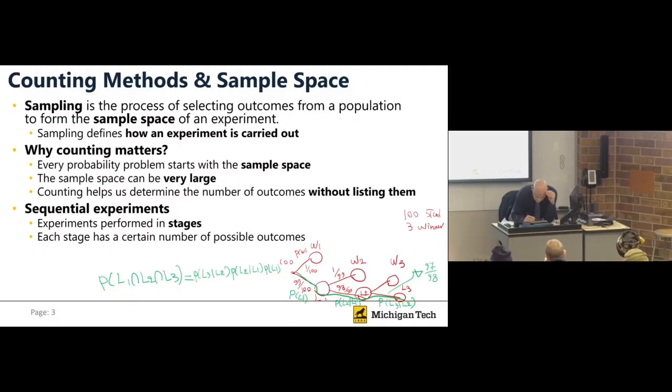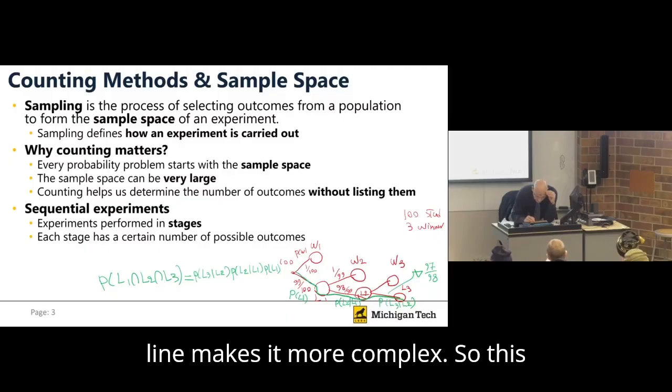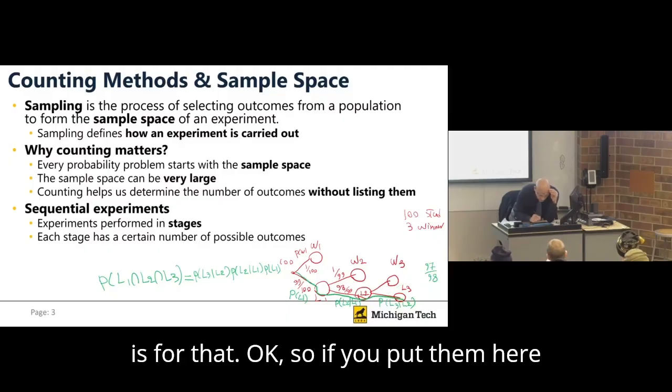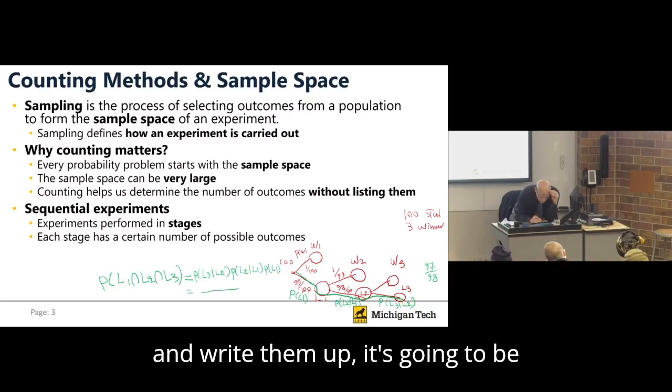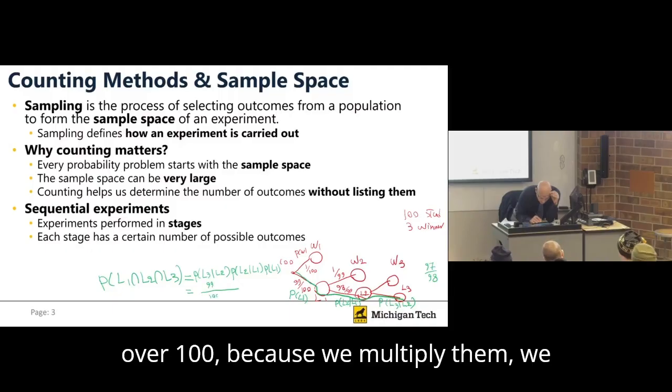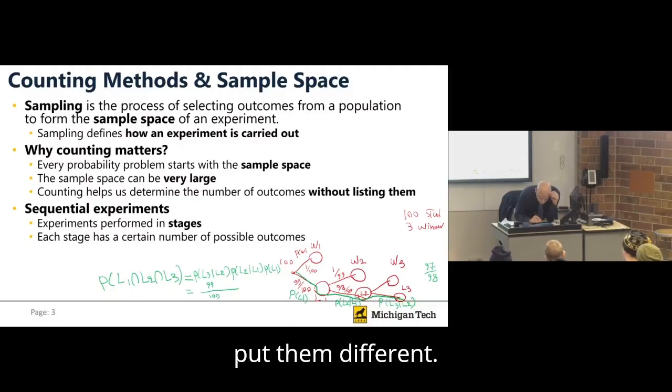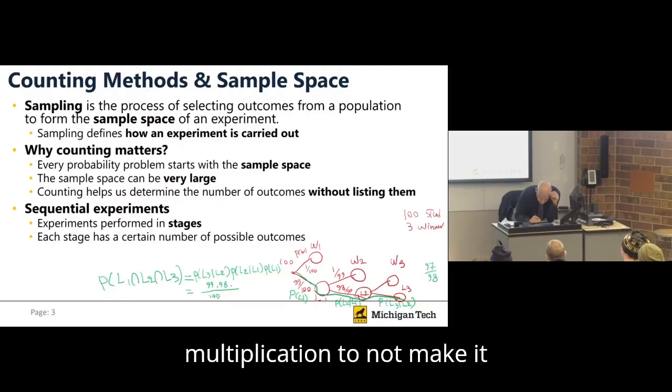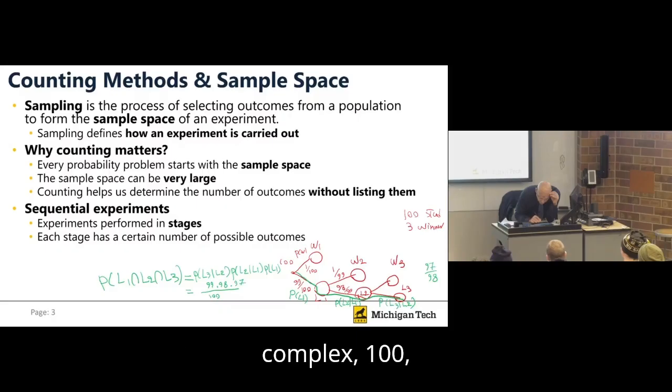OK, this line makes it more complex. So this is for that. If we put them here and write them up, it's going to be 99 over 100, because we multiply them, times 98. I put a dot for multiplication to not make it complex. 100, 99, 98.